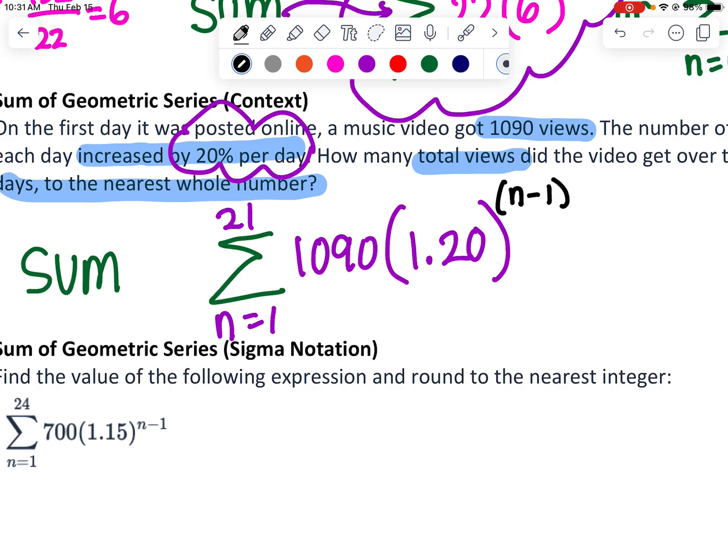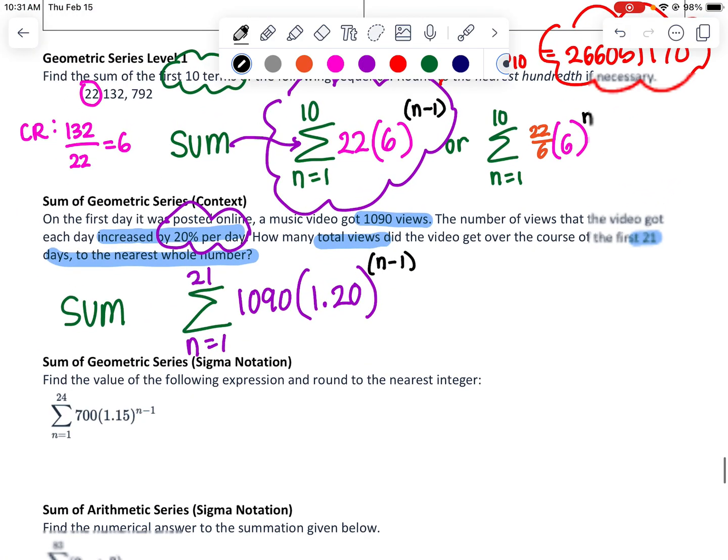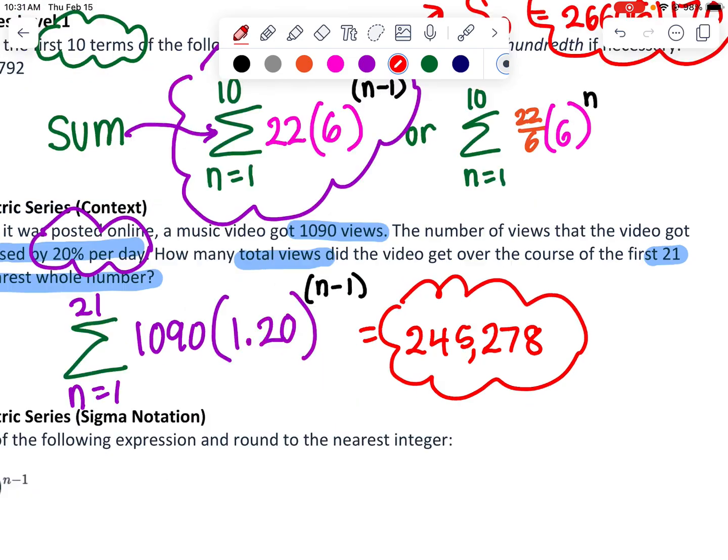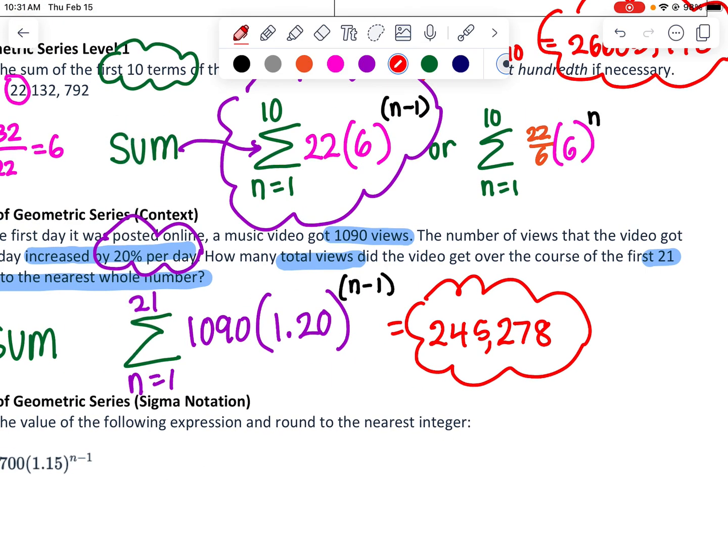And then 1.2 to the power of, shift 6 to get the exponent, and then in parentheses n minus 1. This one says round to the nearest whole number. The answer is 245,278 views, and then you would type that in if we're looking at Delta Math.